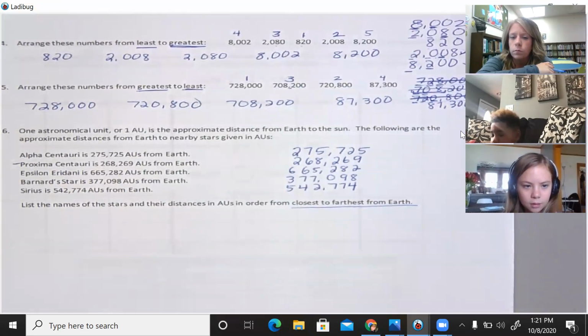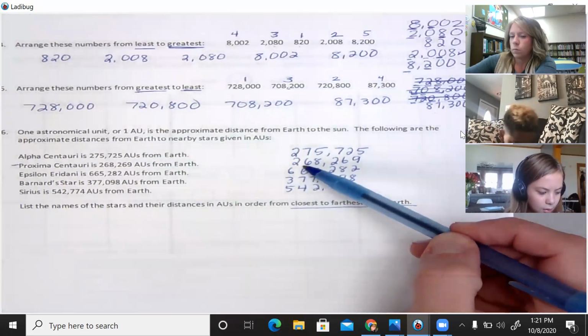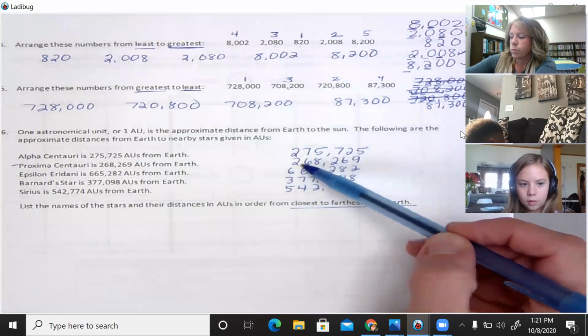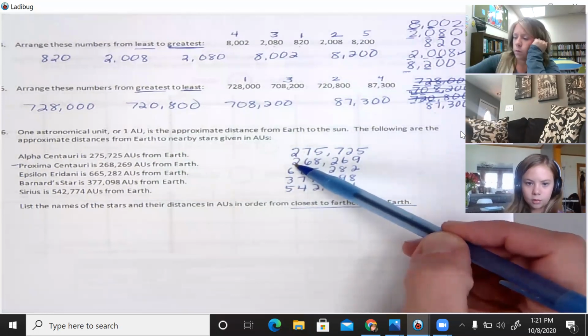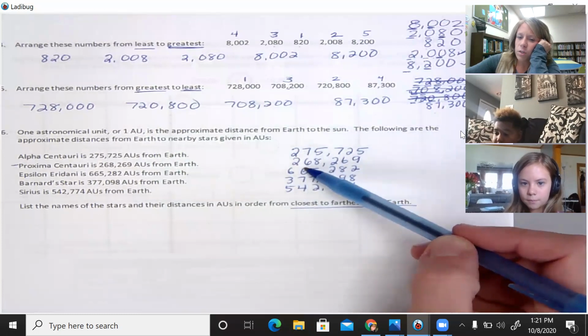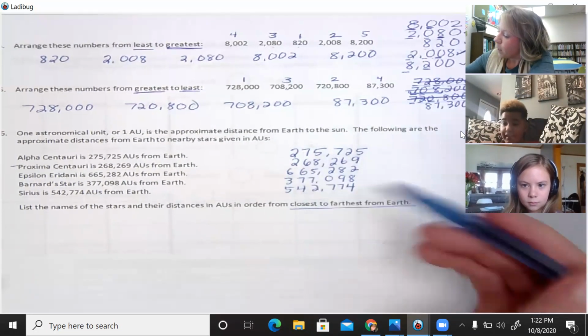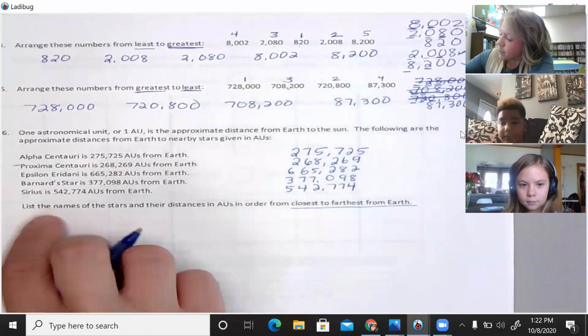Because it starts with a 2, but another one starts with a 2. But that one has a 6. Trace, do you agree or disagree? I agree.